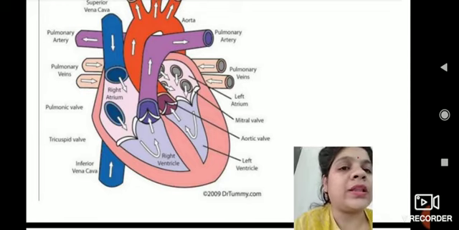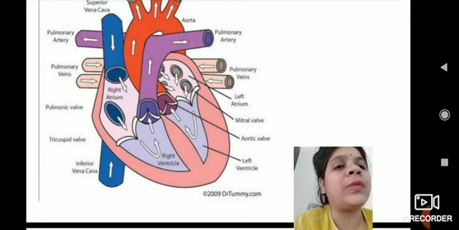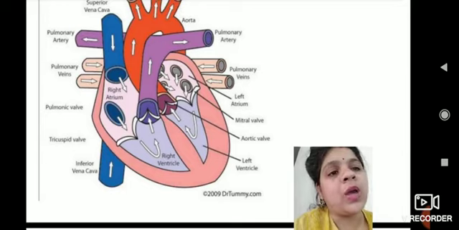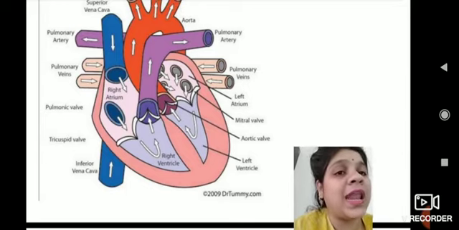After entering the right atrium, passing through the tricuspid valve, it enters the right ventricle, and then from the right ventricle, by the help of the 2 pulmonary arteries it goes towards the lung, where the lung makes it oxygenated, and then the oxygenated blood enters by the help of the pulmonary vein towards the left atrium.